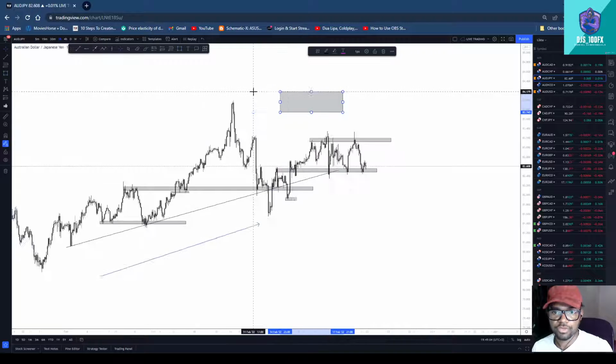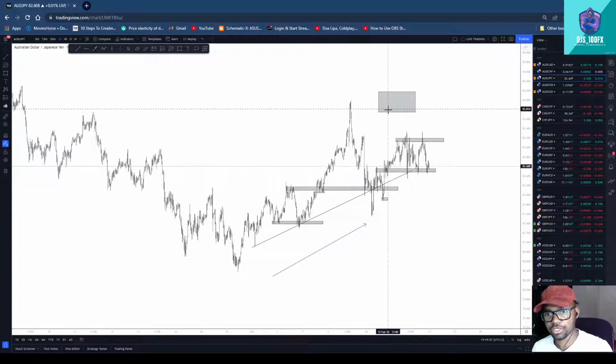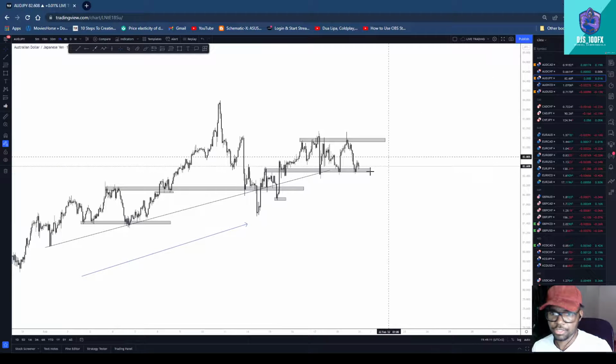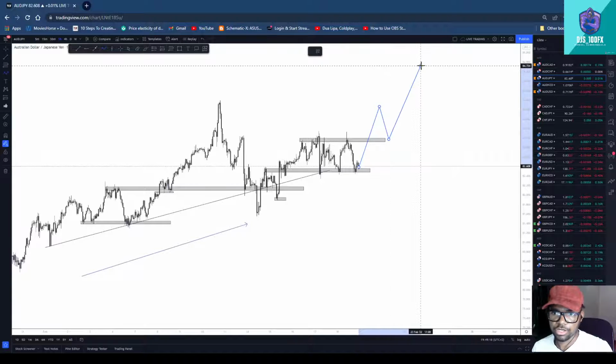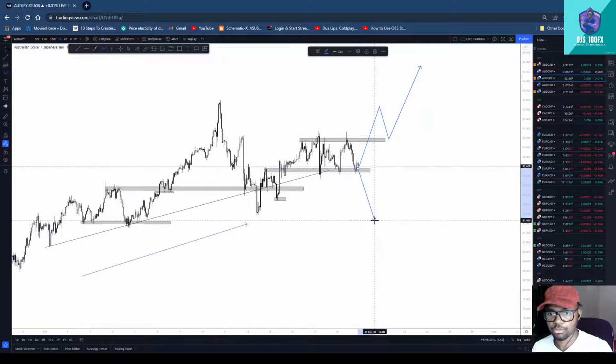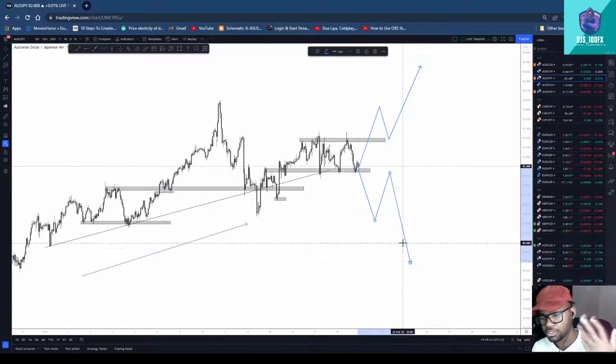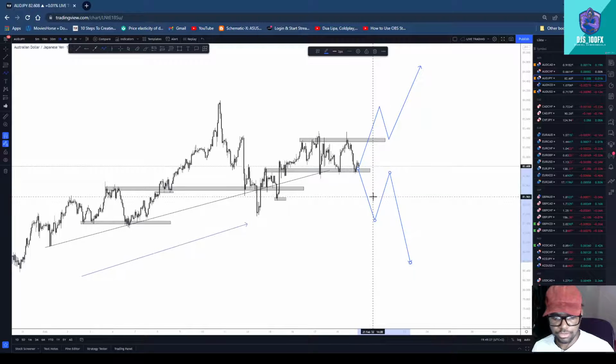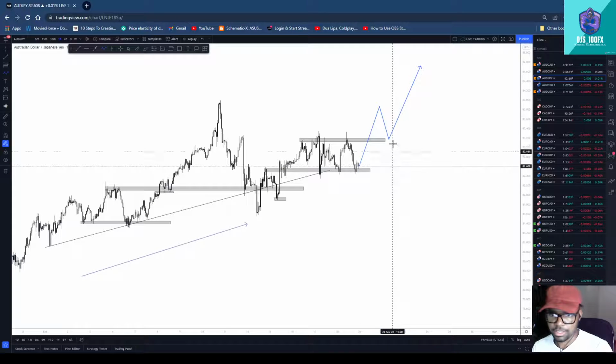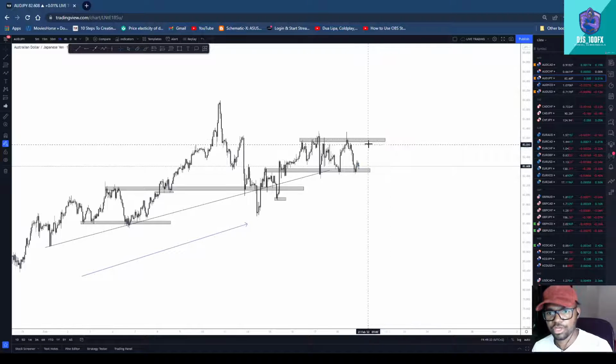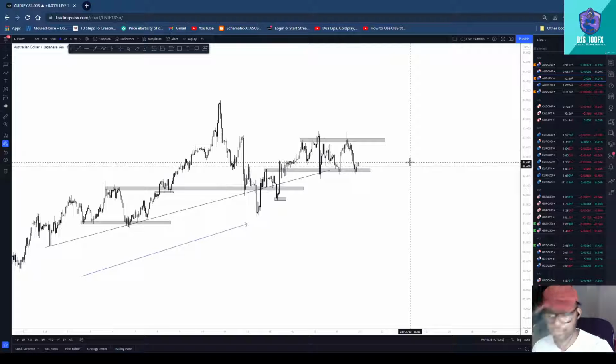For now, there is nothing much to look at on this pair, so I'll just go past it, but this is what I'll be expecting: price either breaking up, retesting, continuing up, or price breaking down, retesting this level, continuing down. This is basically what price can do, and those are basically the only two options, because price cannot be in a correction for its whole life.